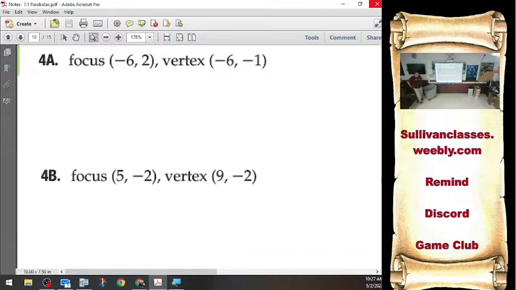So H first. Okay. H goes with X. K goes with Y. Think of it as alphabetical. X, Y, H, K.